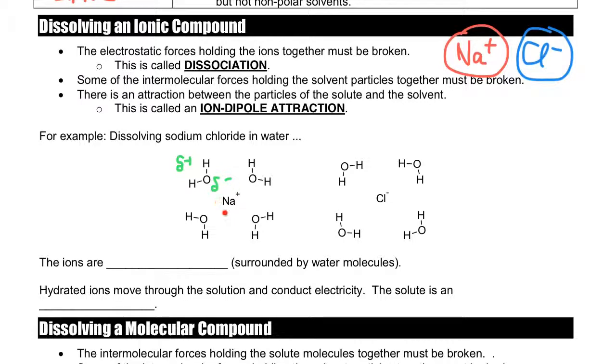This is called an ion-dipole attraction. Every water molecule is a dipole. It has a slightly negative pole and a positive pole. The chloride ion, since it's negatively charged, is attracted to the slightly positive side of the water molecule. But still, we have an ion-dipole attraction.